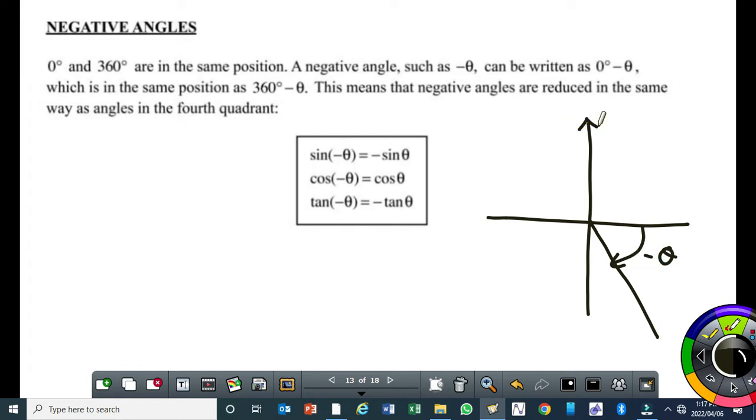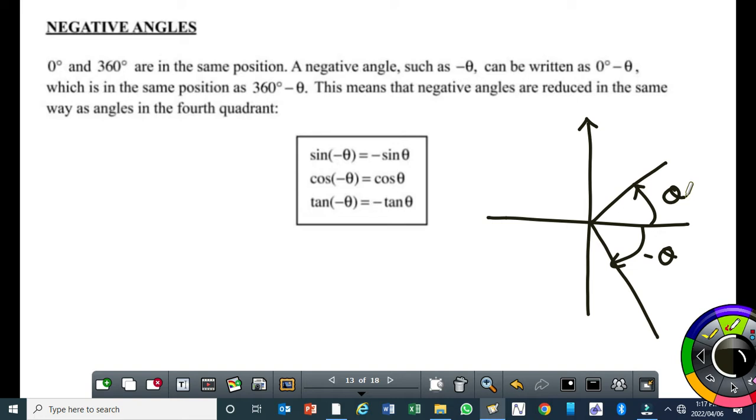Negative angles are measured clockwise from the x-axis, and positive angles are measured anti-clockwise. You must know this difference going forward. Positive, anti-clockwise. Negative, clockwise.